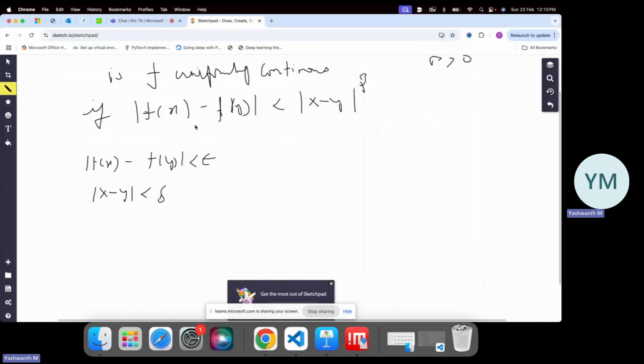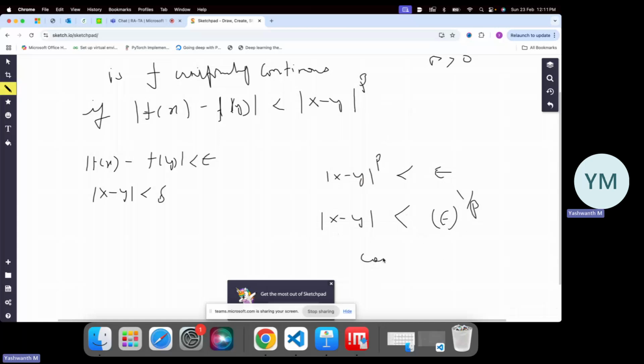We can easily see that this is uniformly continuous, because if we make beta times |x minus y| less than epsilon, this implies |x minus y| is less than epsilon to the power 1 over beta.